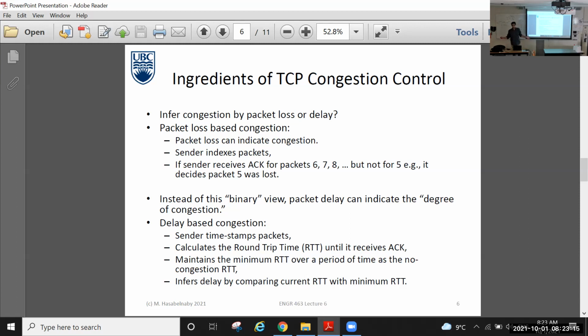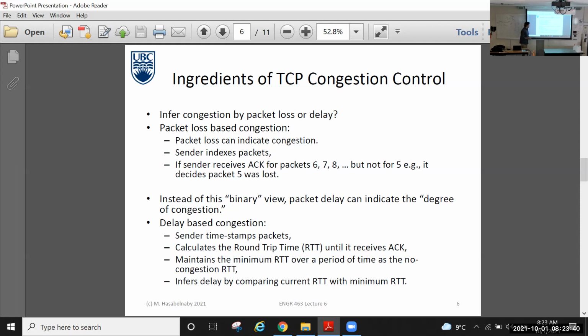There is packet loss in this case. The sender will determine that there is a problem with packet 4 and that it has to retransmit it again. This is the simple idea of packet loss based congestion.